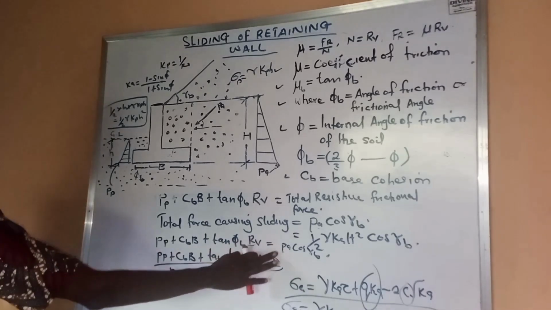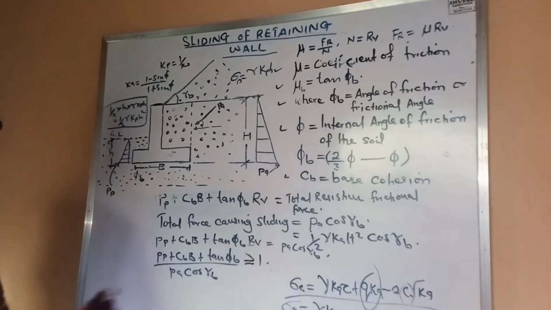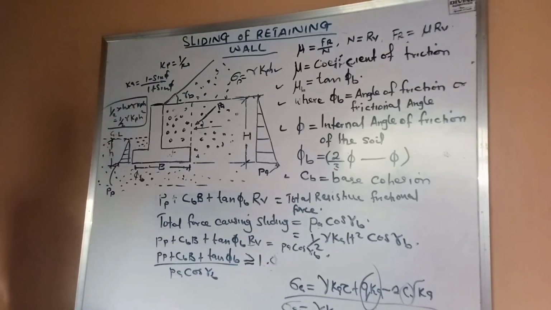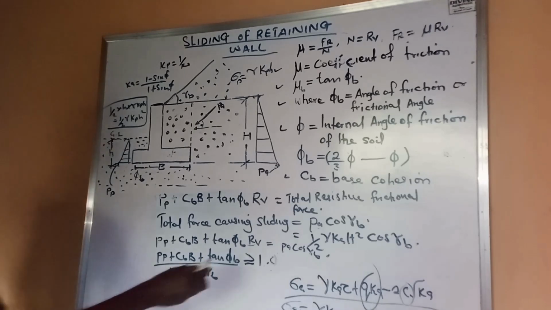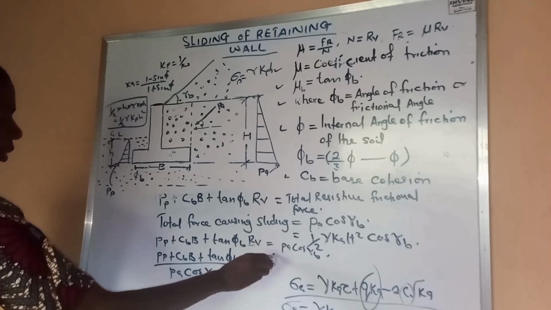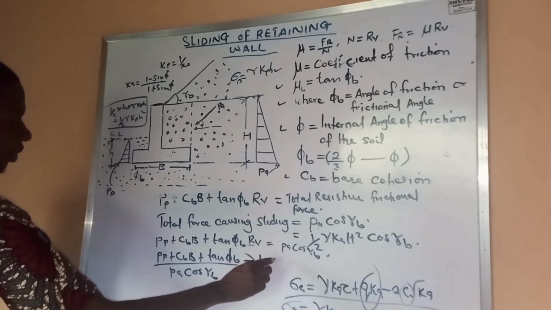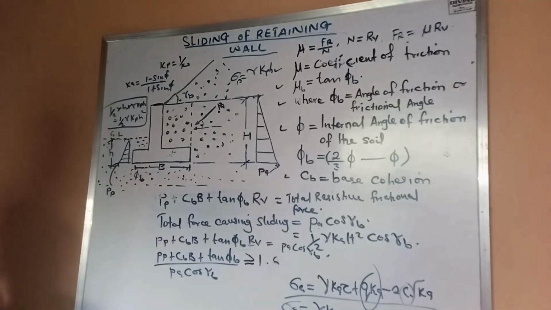If we say it's equal to 1, that means we are looking at it under a state of equilibrium. All right. So under equilibrium, they are supposed to be equal, but we are not going to base our safety on equilibrium. We need a situation whereby we can guarantee safety by increasing that 1 by 60% to make it 1.6. Okay, so we can take it to be 1.6.